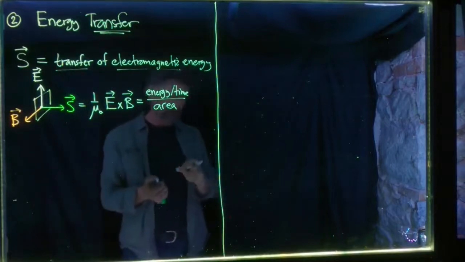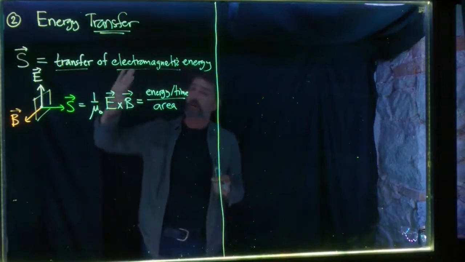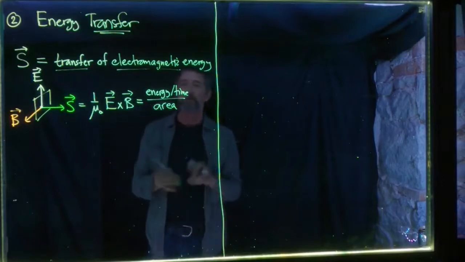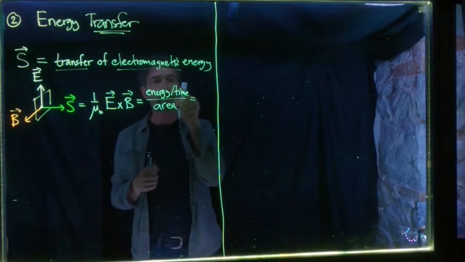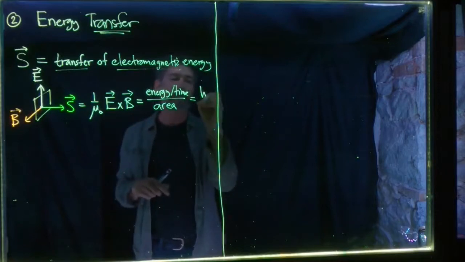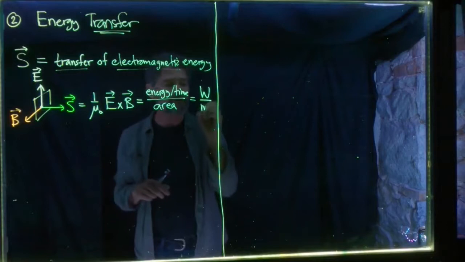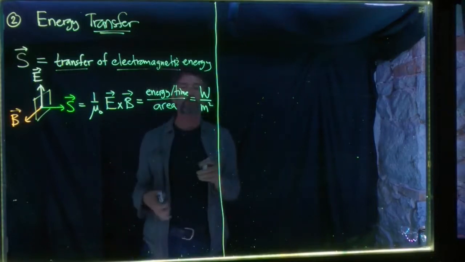If you think about sunlight, the intensity of sunlight at the surface of the Earth is about 1,000 watts per square meter. Here, energy is joules, and joules divided by time is joules per second. That's watts, the amount of energy per unit time. The units for area are square meters in SI units, so this has the units of watts per square meter.